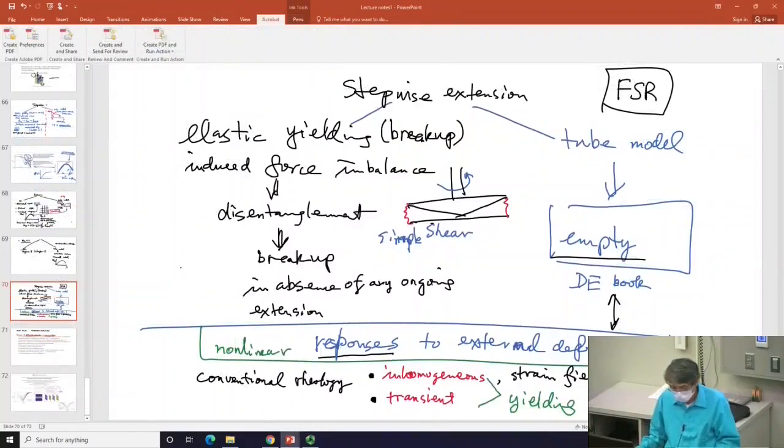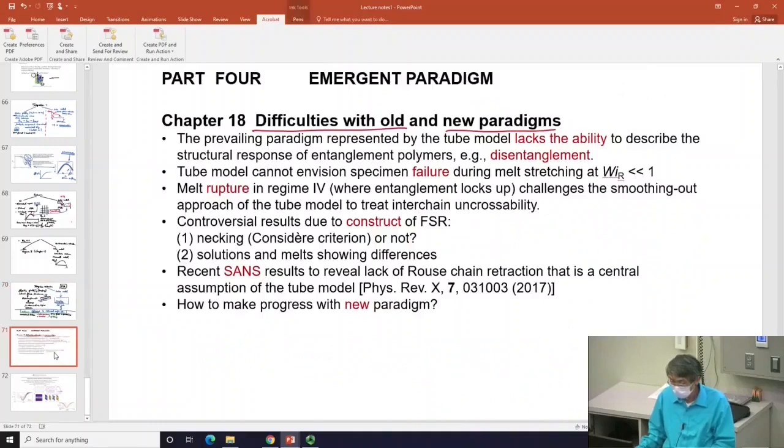All right, so what else is there to say? According to this outline, I do wish to make a comment about some attempts to probe the foundation of the tube model. One of the key foundations is the assumption that this affinely deformed tube inside leaves a Rouse chain that can retract freely.